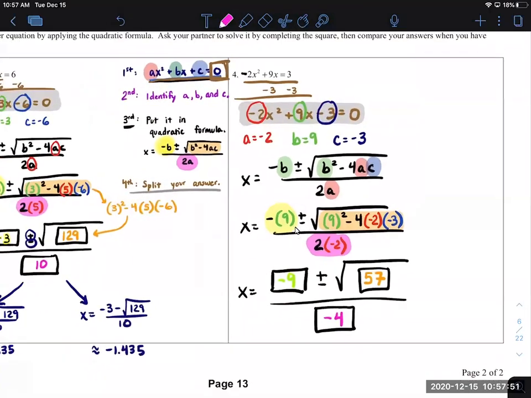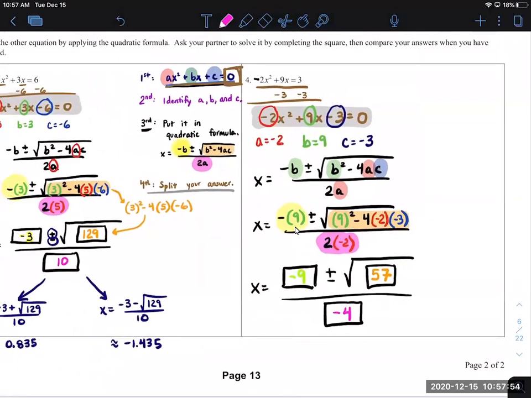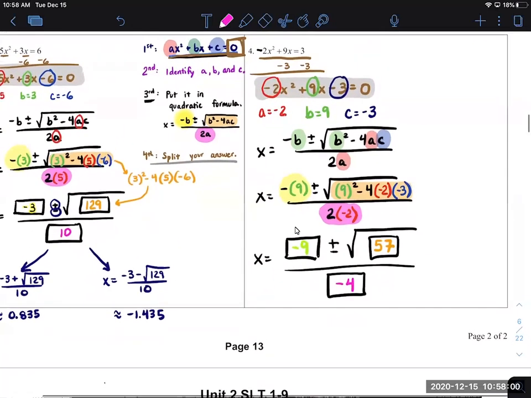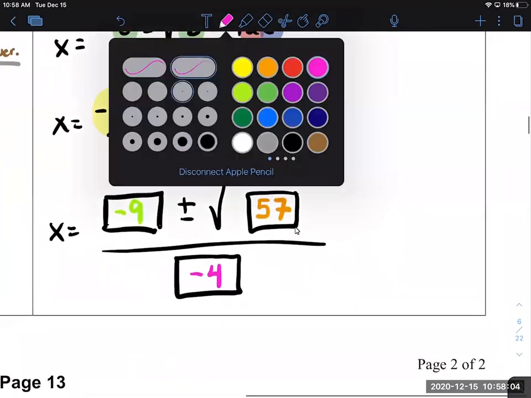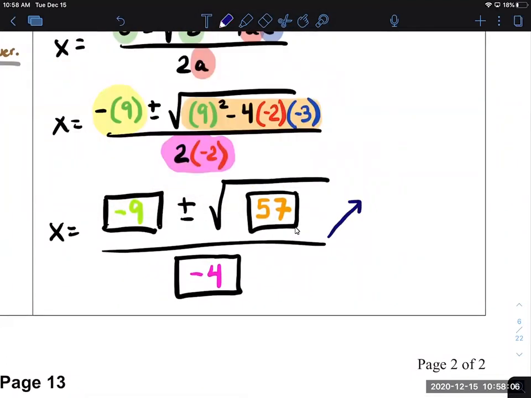So I have my answers. I just need to split them apart now and find the approximates. I'm going to split them apart over here. So one is x equals -9 plus square root of 57 divided by -4.